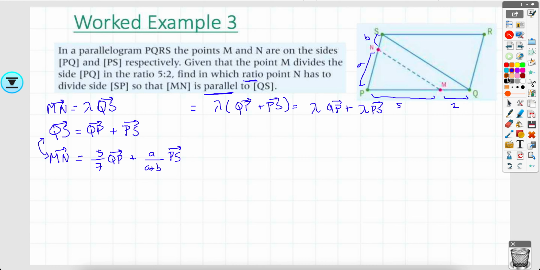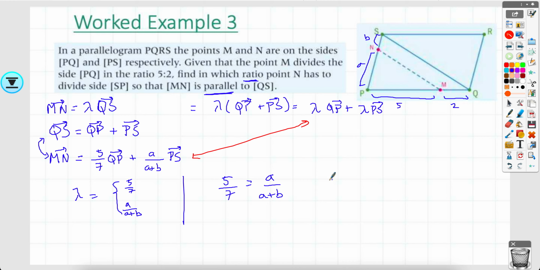And then taking these two together, I can see that lambda has to be equal to 5 over 7 and something like this. So it's a long route only to say that these two have to be equal.